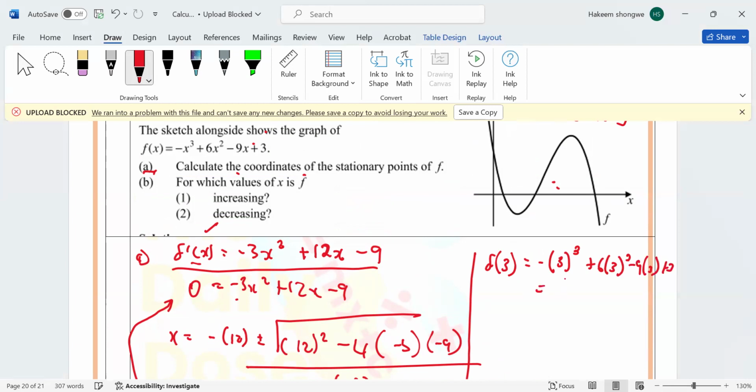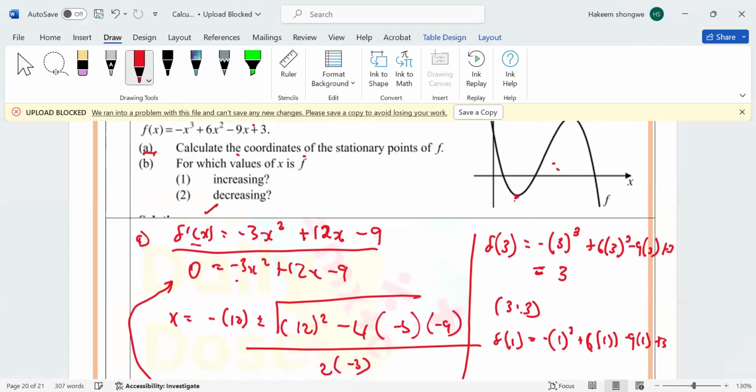And what do you get? f of 3 is 3. So when x is equal to 3, y is equal to 3. Are you sure? Okay, now f of 1. Everywhere we see x, we substitute 1 again.